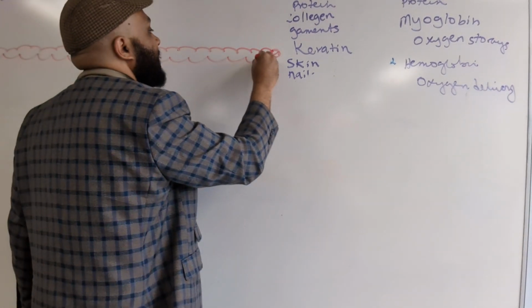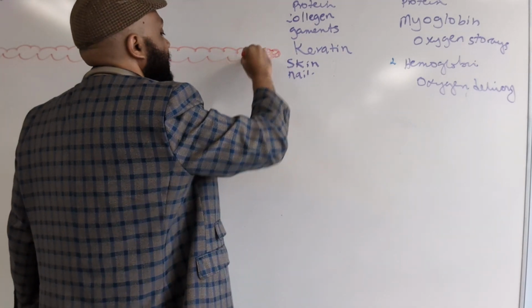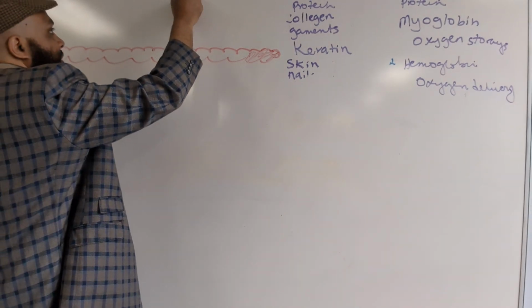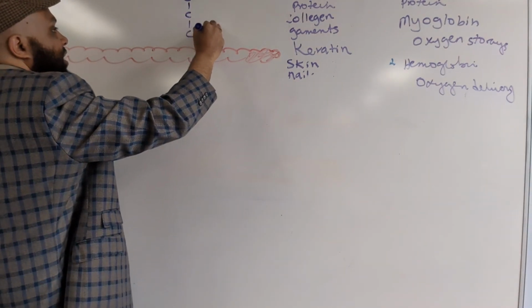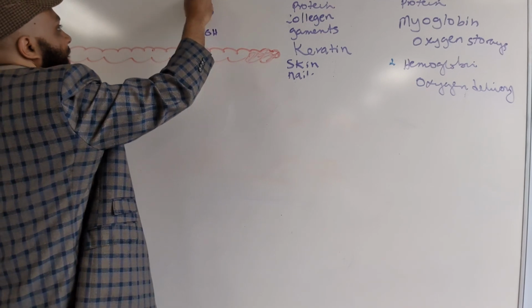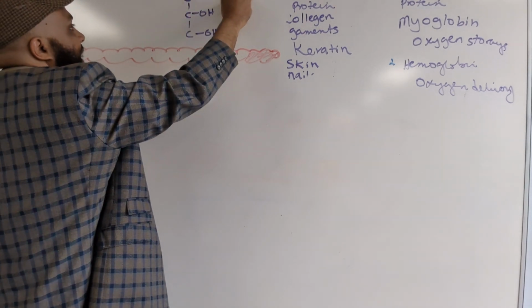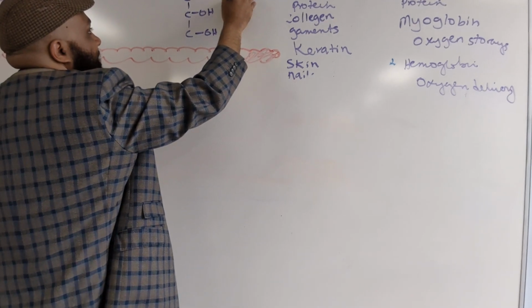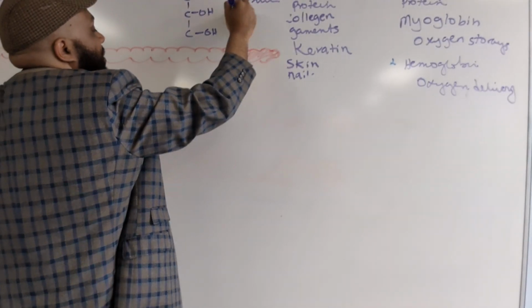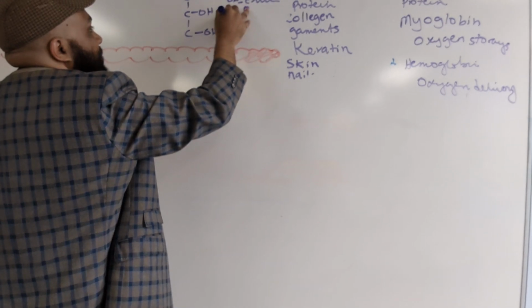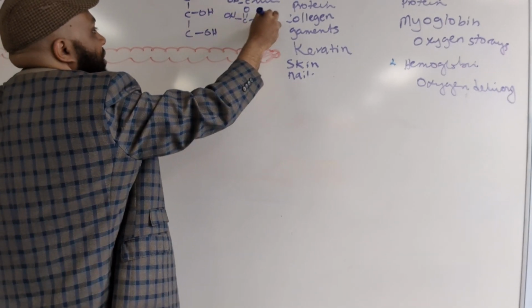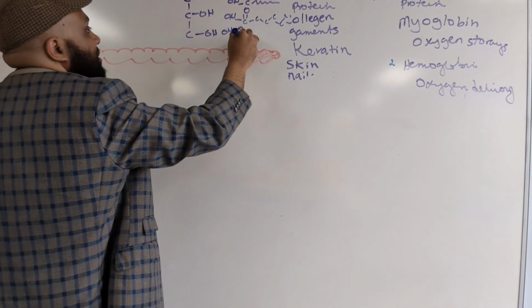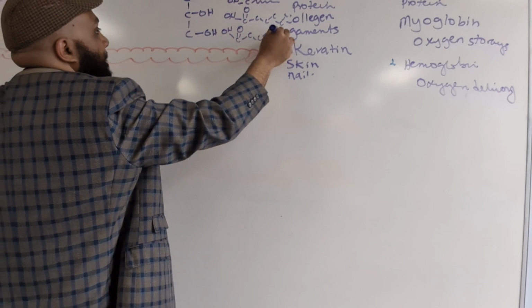The phospholipid is actually made up of a glycerol backbone, three carbons, each carbon has an OH, and free fatty acids, each free fatty acid with an OH and a bunch of carbons.